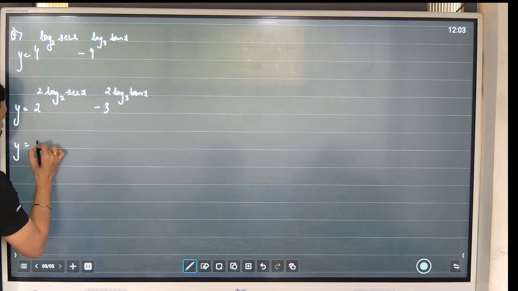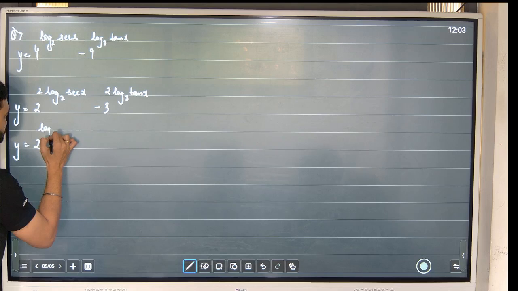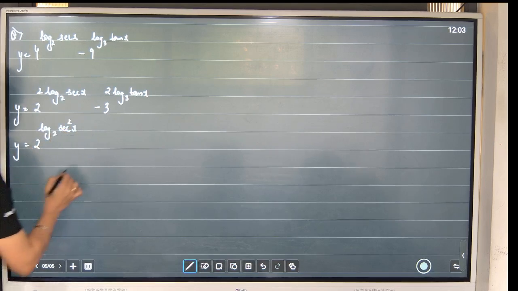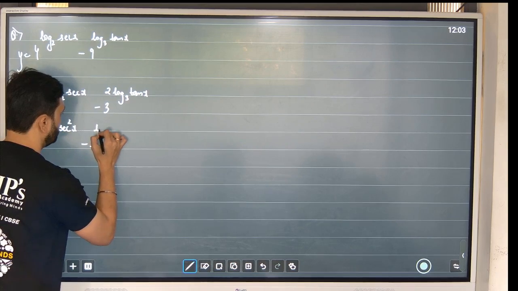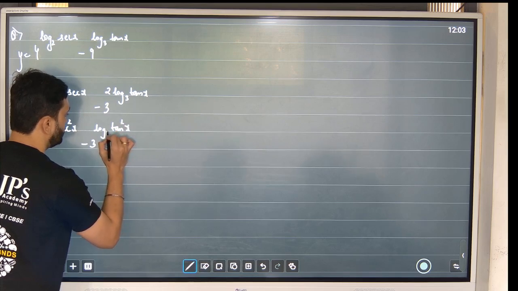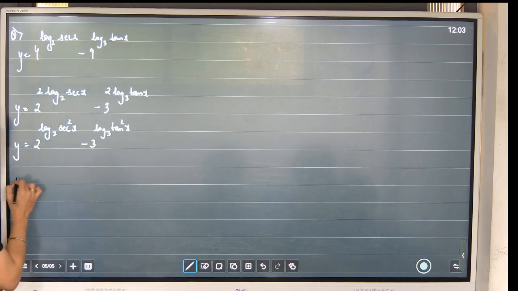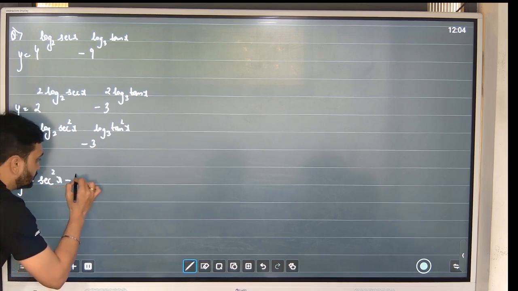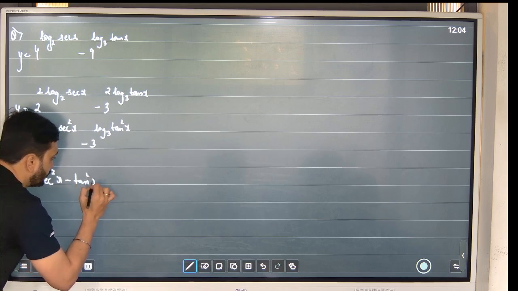So y is equal to 2 raised to log sec square x to the base 2 minus 3 raised to log tan square x to the base 3. Therefore, y is equal to sec square x minus tan square x.